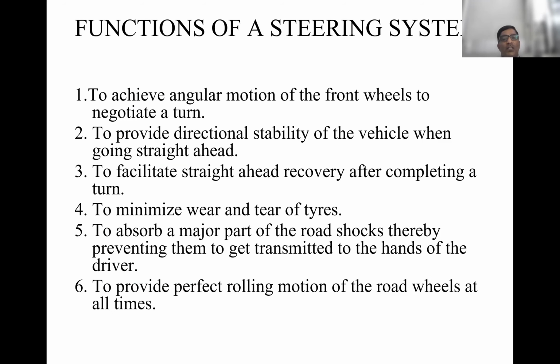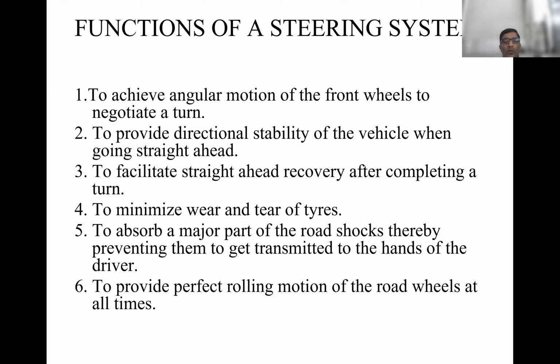So functions of the steering system. The first function is to achieve angular motion of the front wheels. Second is to provide directional stability. Third is to facilitate straight ahead recovery. Fourth is to minimize wear and tear of the tire. Fifth is to absorb a major part of the road shock.